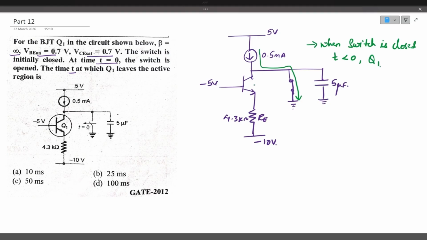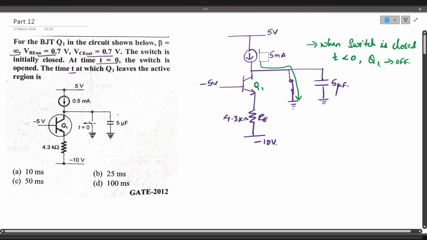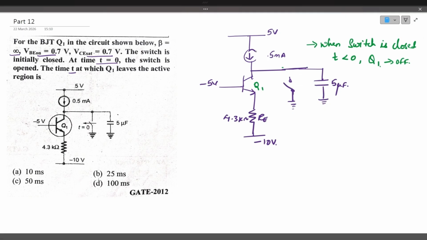Transistor Q1 is in off condition. At t equals 0, the switch across the transistor is opened. The current flowing is 0.5 milliamperes in the collector.